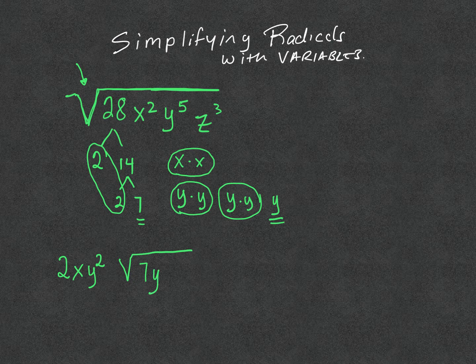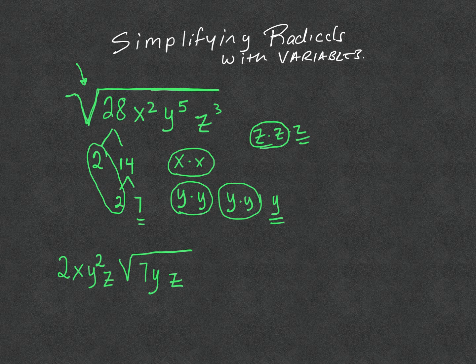We have z to the third power, which is going to be z times z times z. So you notice that we have one group here, which is z squared. So the square root of z squared is z. What do we do with this z? It stays in the radical.